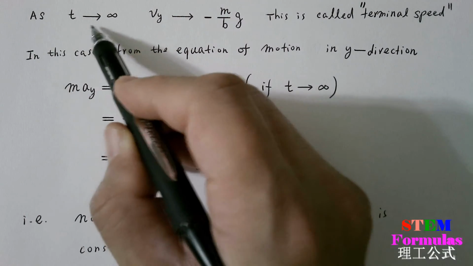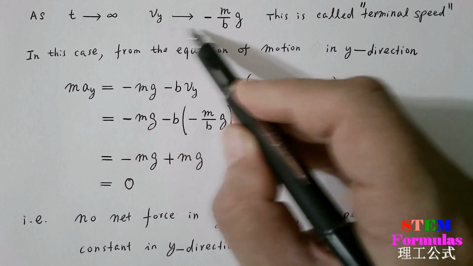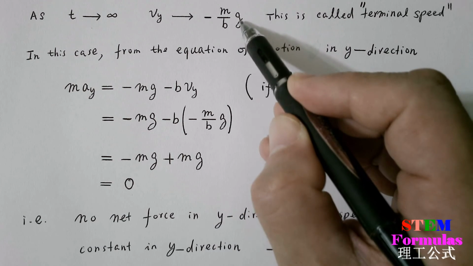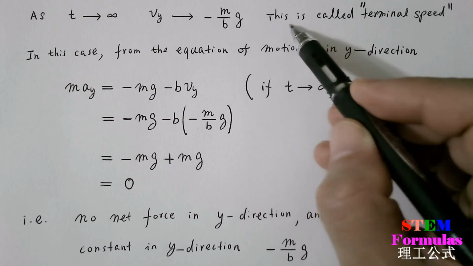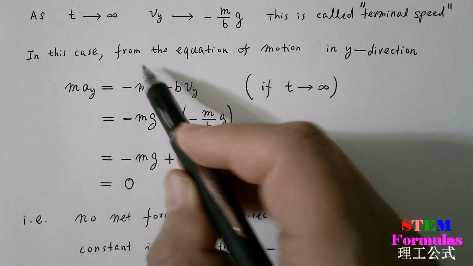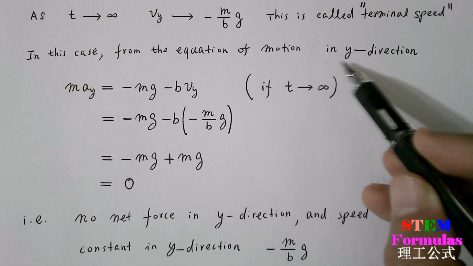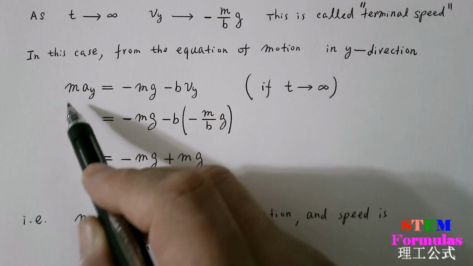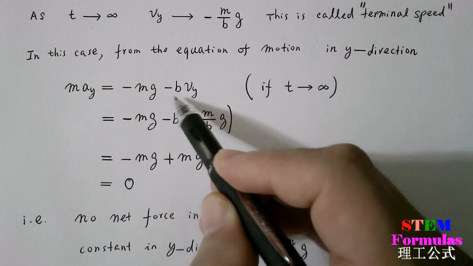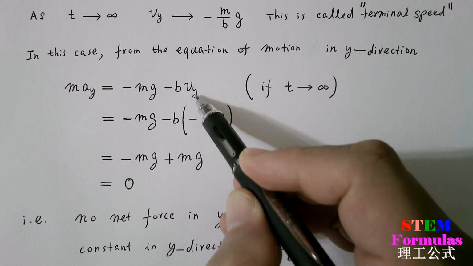As time approaches infinity, Vy approaches minus m divided by b times g. This is called terminal speed. In this case, from the equation of motion in y direction, ay equal to minus mg minus b times Vy.